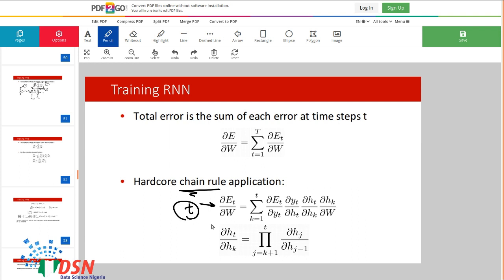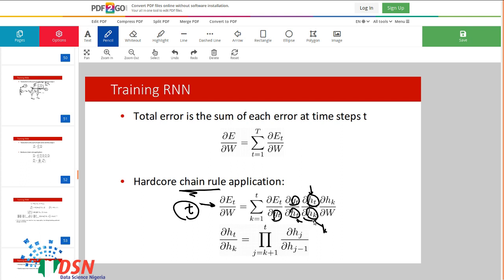For a specific time step t, we could write the derivative of the error with respect to W as the sum over all k of the derivative of the error with respect to the output at time step t, times the derivative of the output at time step t with respect to the hidden state at time t, times the derivative of the hidden state at time t with respect to the hidden state at time k, and so on.